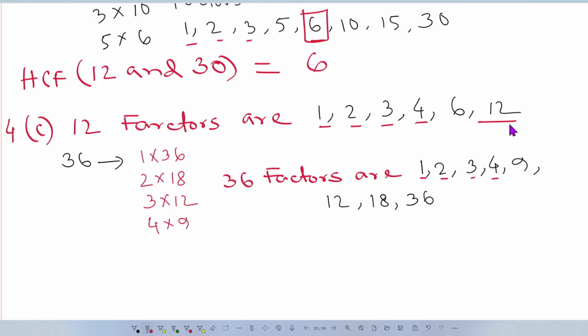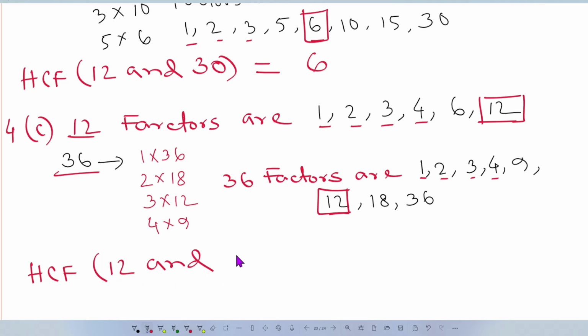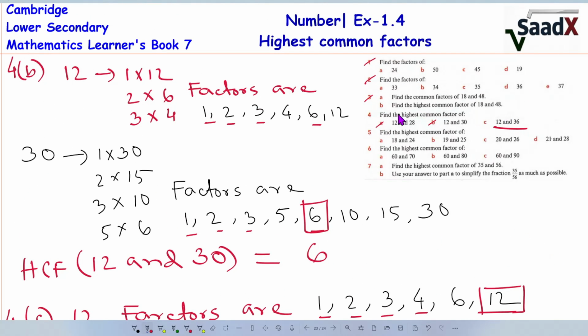And look, here is 12, here is 12. It's the highest. So 12 is our highest common factor of 12 and 36. So we can write HCF of 12 and 36 equals 12. Okay, so number 4 done.